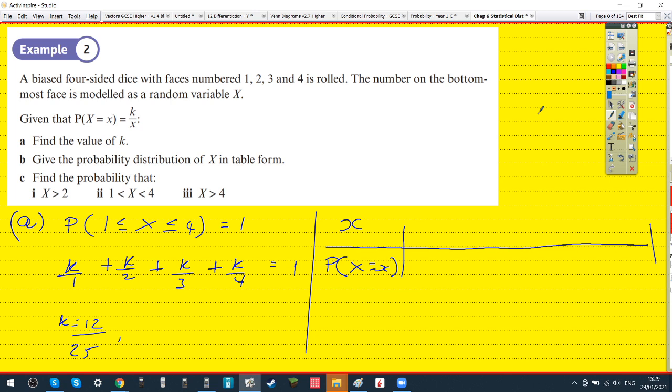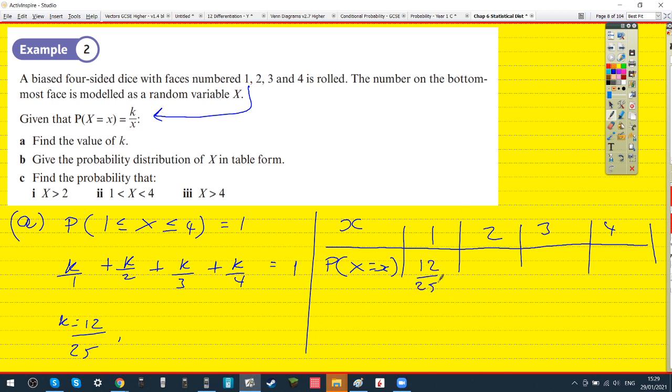It can land on 1, 2, 3, or 4. Yeah, so that's little x. 1, 2, 3, or 4. Okay, what is the probability it lands on 1? Using the formula, and you now have k. So will it be just 12 over 25?